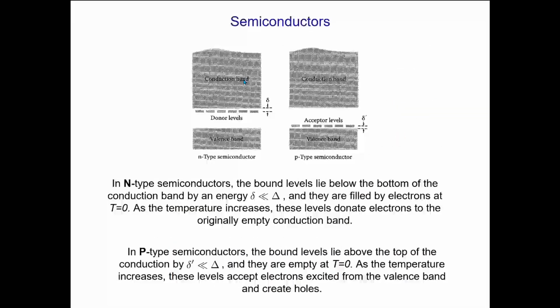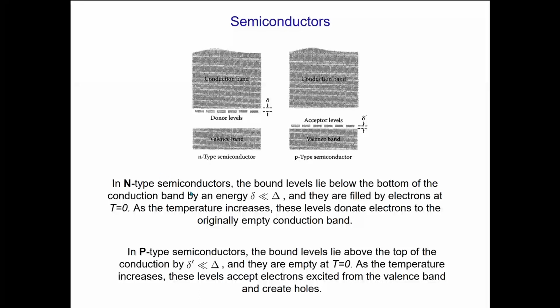It appears that the number of atoms is really small. Actually, it's enough to add one donor or acceptor atom per 100 million atoms in the semiconductor. Okay. So what happens when we add these donors or acceptors?